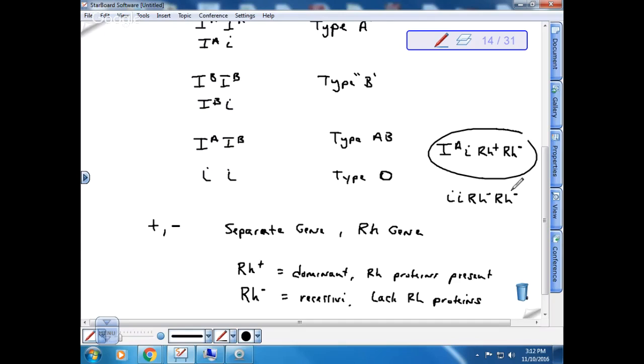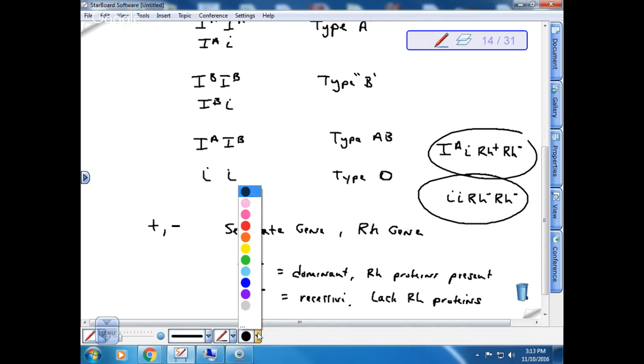Now, even though we have 3 alleles, remember we can still use a Punnett square to determine the probability of having an offspring that has a particular blood type. So if we say that these are the 2 parents, okay, and I want to figure out what is the probability of them producing a child that is O negative. My first thing that I would do is I'd figure out the gametes that each one of these could produce.